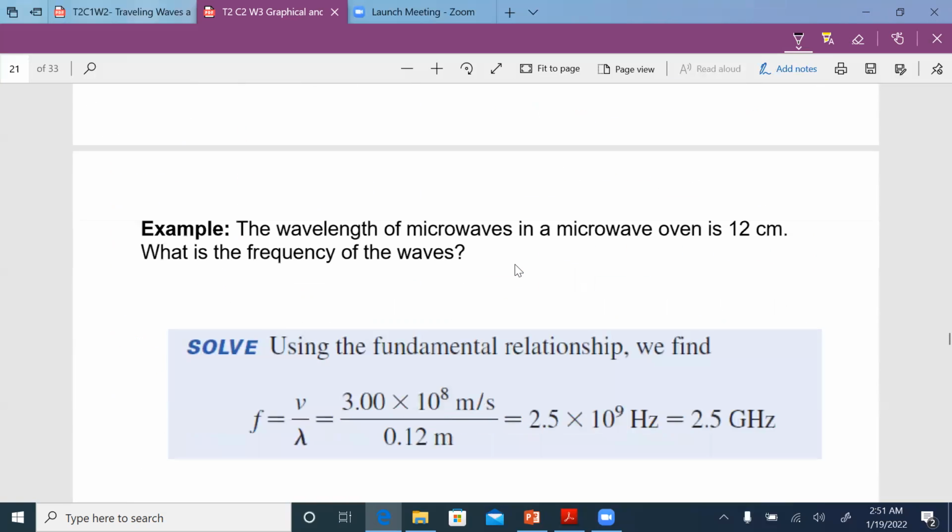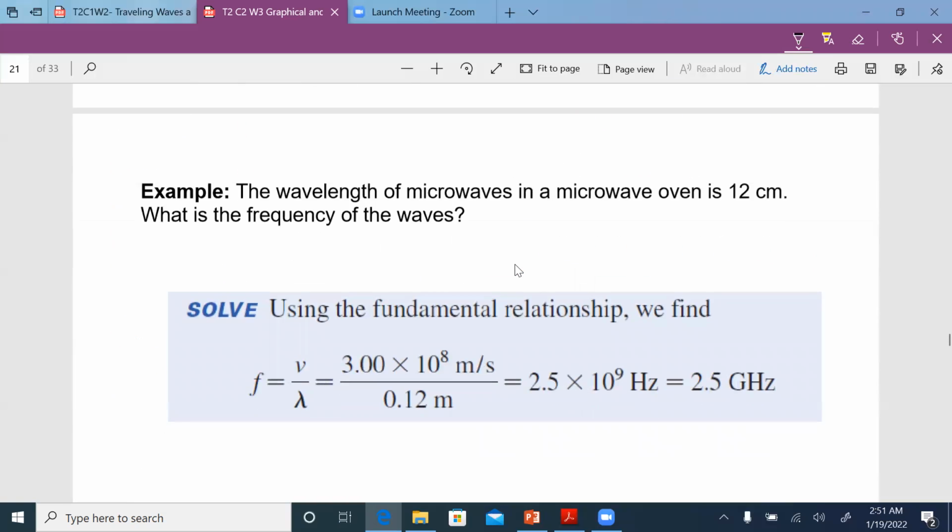Let's take an example. The wavelength of a microwave in a microwave oven is 12 cm. What is the frequency of the wave? Use this relationship. You are asked for frequency, and they did not give you the period. When you're given such problems, we cannot just use the inverse of the period because we have an unknown as well.